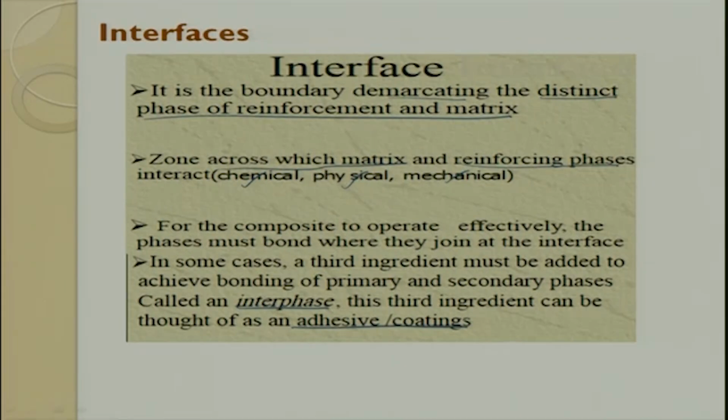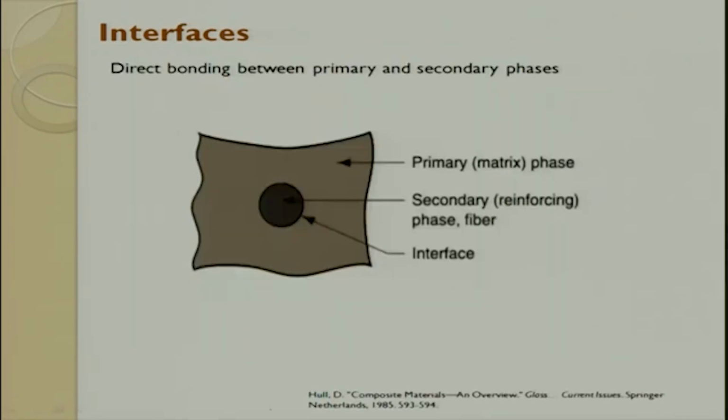So basically some reaction happens between the matrix and the ceramic which is reinforced, and it can form an interface. This interface is between the matrix and the ceramic. We try to functionalize it so that you get a proper interface.